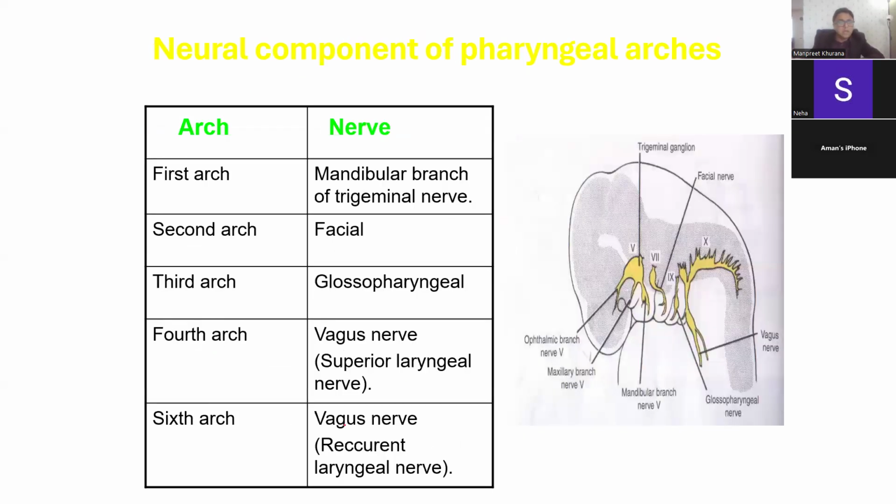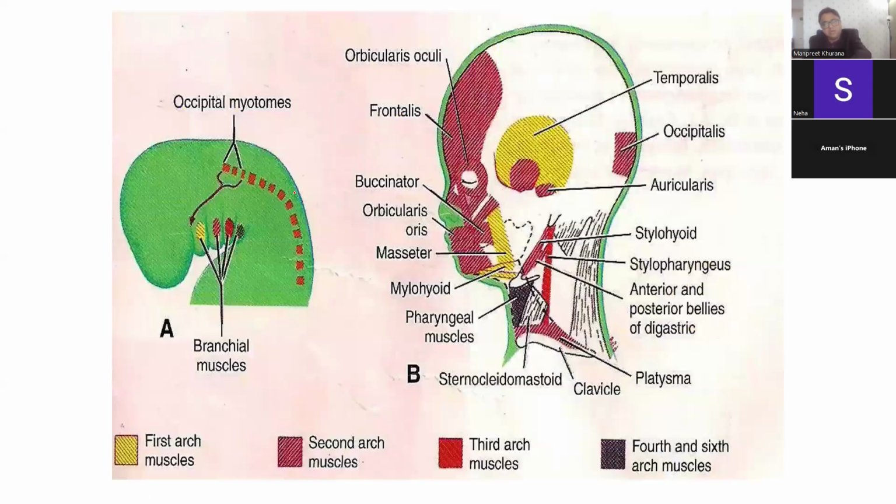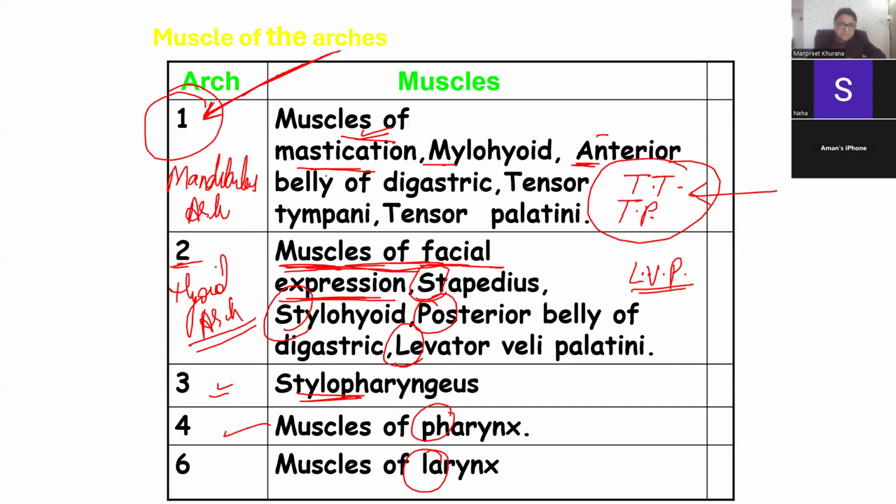As I told you, I was giving you a hint that the first arch is known as mandibular arch. So which nerve? The mandibular branch of the trigeminal nerve, or the mandibular nerve. Again, my question goes to Neha. What is the nerve supply of muscles of mastication?